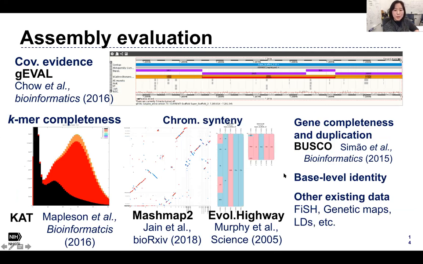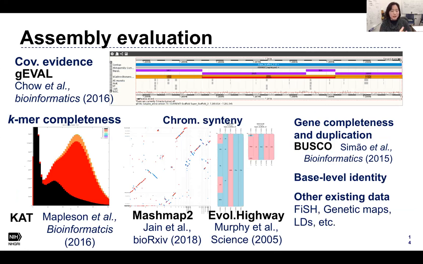And with Evolutionary Highway, it's a chromosomal synteny-based analysis. We compare with the closest available genome assembly or reference genomes to see whether the genome has the expected chromosomal synteny or not. Here, we do not have the correct answer, but still it's helpful in case we know that this genome is a very closely related species to the other species that's available.